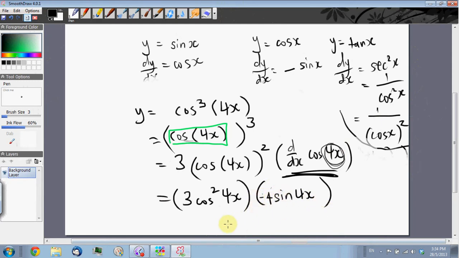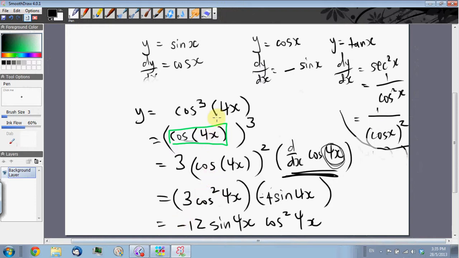So you get this, and then you can make it negative 12 sine 4x cosine square 4x. So you can see the tediousness, the confusingness comes from differentiating inside. You must keep differentiating what's inside, and that is the difficulty of this whole thing.